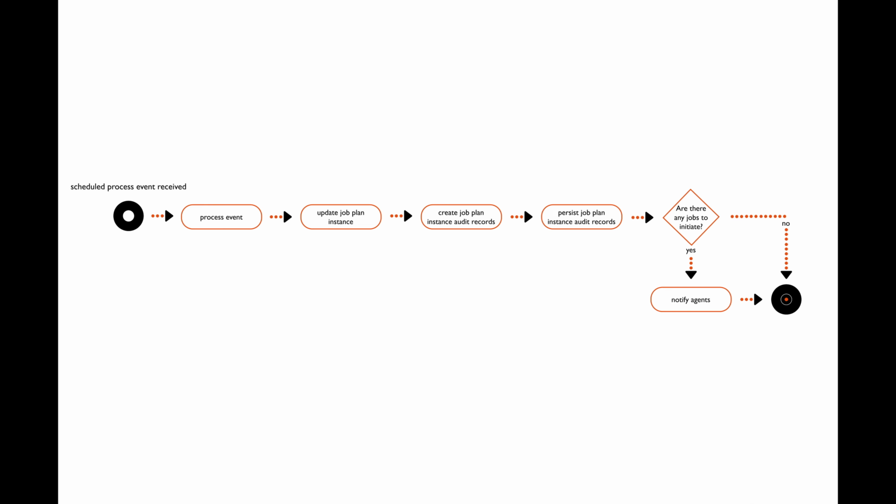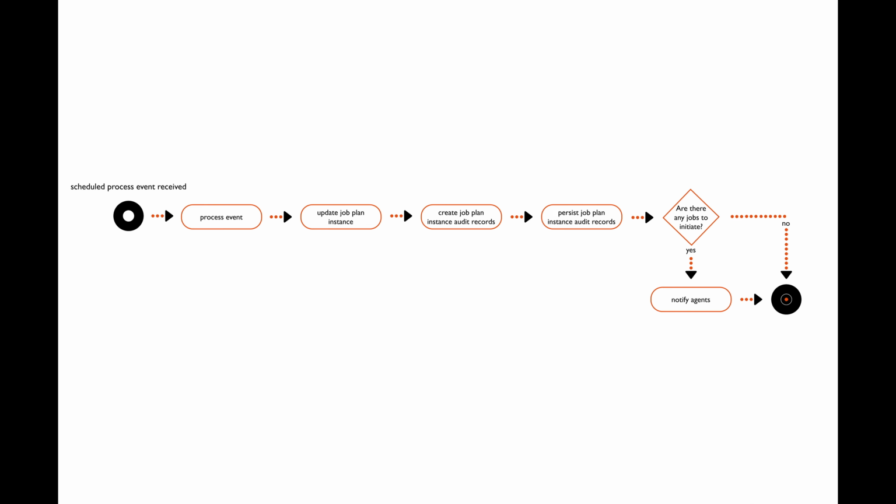The way that it processes the event is by recursively working through the underlying job plan instance and marking the job for whom the process event has been received as the state that's been received within that event, and assuming that that job has been successful, the context machine determines if there are any jobs to initiate. Once that event is processed, the state of the job plan instance is updated and subsequently persisted into the database, and a set of audit records are created and persisted to the database as well.